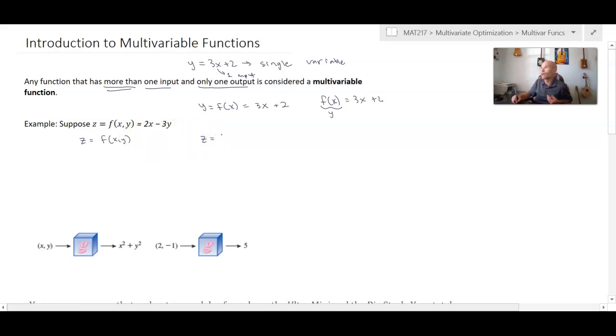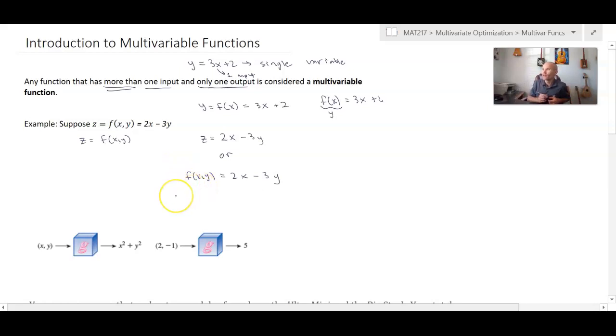We could say z is calculated by taking twice x and subtracting thrice y. That's right, I said thrice y. Or you could write f of x, y equals 2x minus 3y. And those would be the same way of writing it.